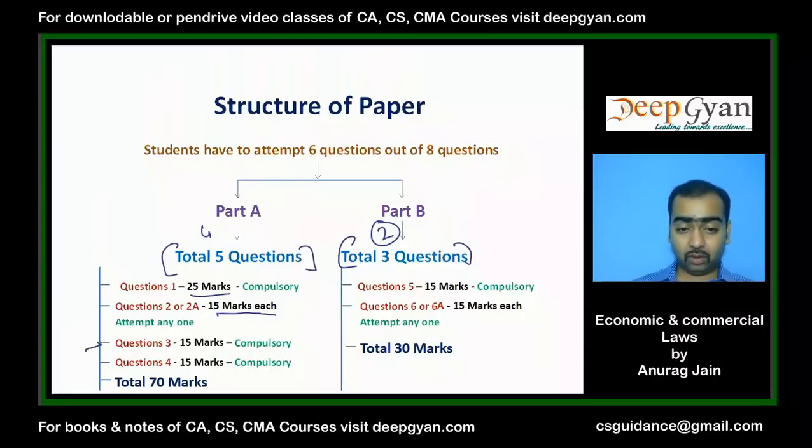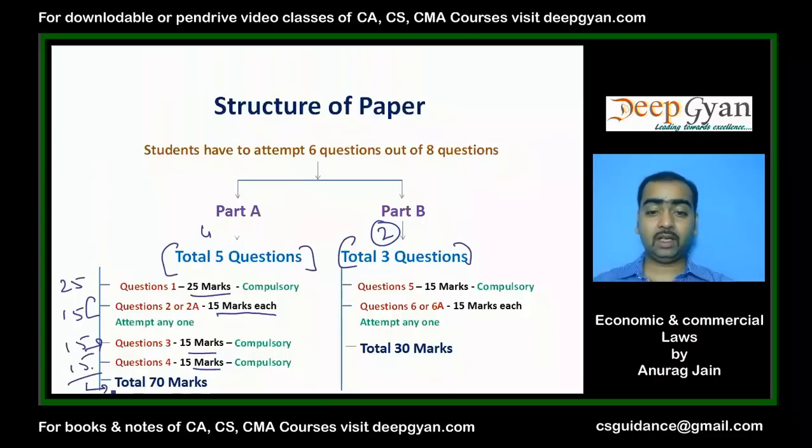Question number 3 is also compulsory, and will be of 15 marks, and question number 4 is also compulsory, and will be of 15 marks. So question 2 or 2A will be of 15 marks each. In this way part A will be of 70 marks, right?